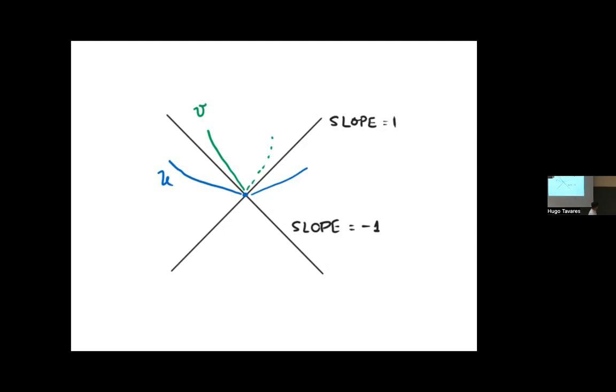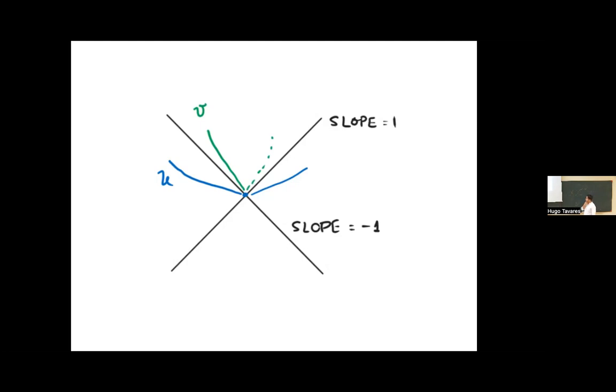It has two possibilities: it could be over here, or it could be over there. If I want the gradient to be larger than 1, I start at this point. But it cannot be below here because I'm assuming that V is touching U from above.